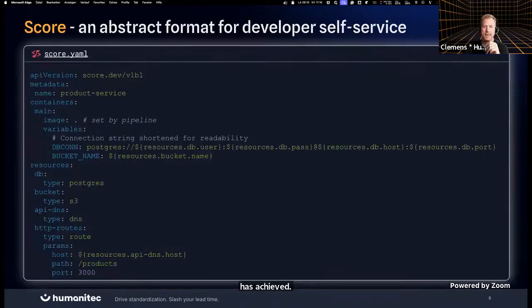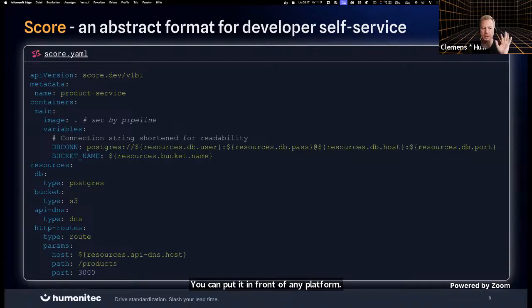So let's take a look at a Score file, because that is this abstract request. As I said, Score is now a CNCF project, and it is platform agnostic. That means whatever you see here in this file, it doesn't hint at a specific platform. You can put it in front of any platform. And it is also environment agnostic.